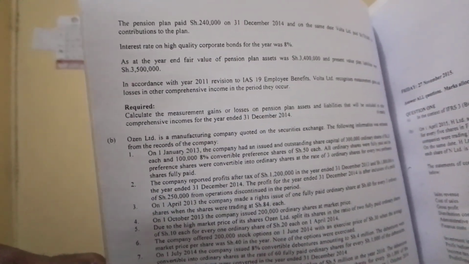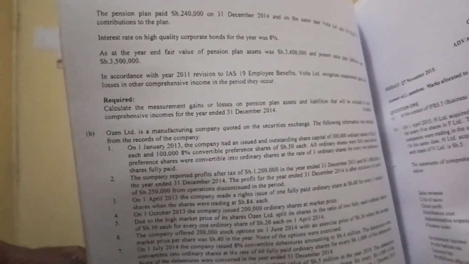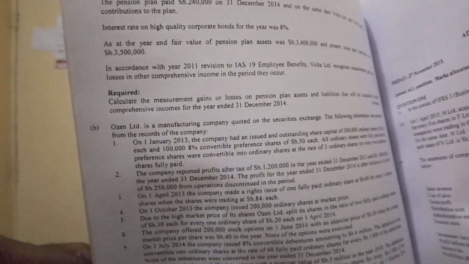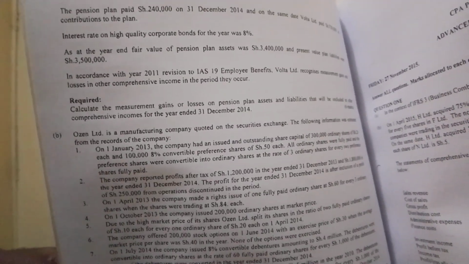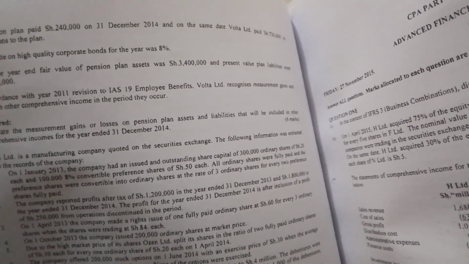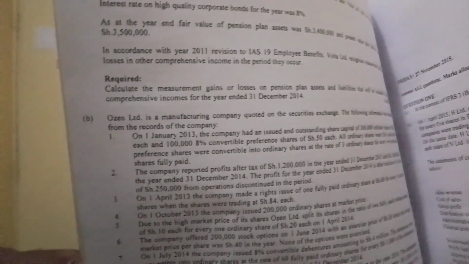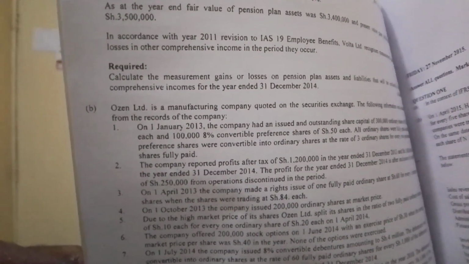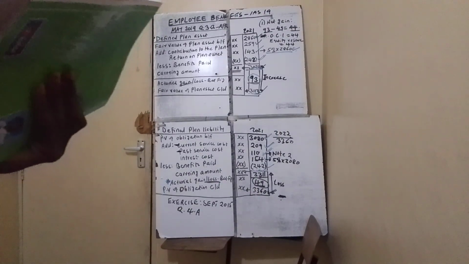The interest rate on high quality corporate bonds for the year was 8%. As at the year end, fair value of pension plan assets was 3.4, and present value of plan liabilities was 3.5. Okay, I think now everything is there with you.